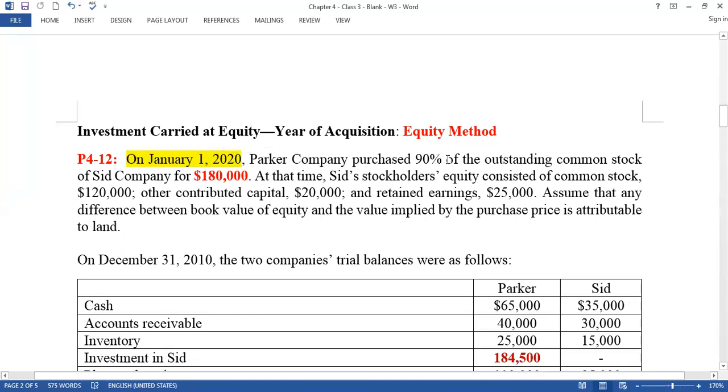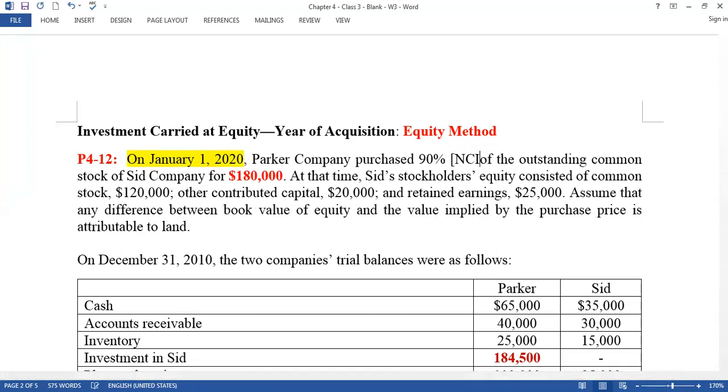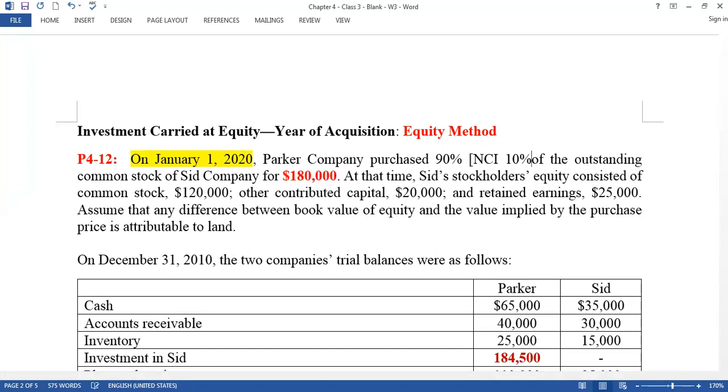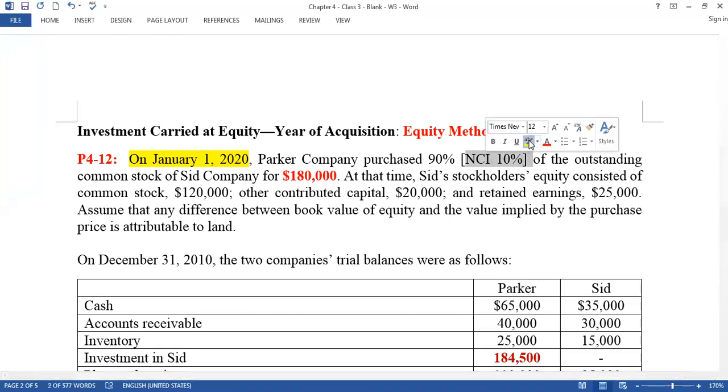That means we have NCI remaining 10%. So we have to establish non-controlling interest, 10% NCI, and Seed company means the subsidiary company, and this is the initial investment. This number is important for the equity method because it's the initial investment.